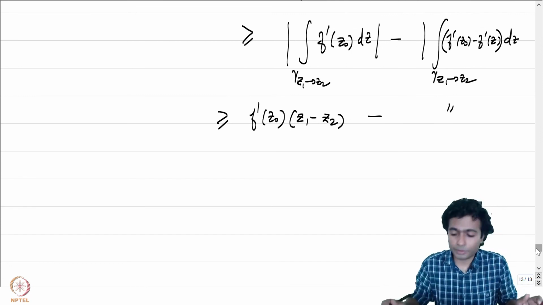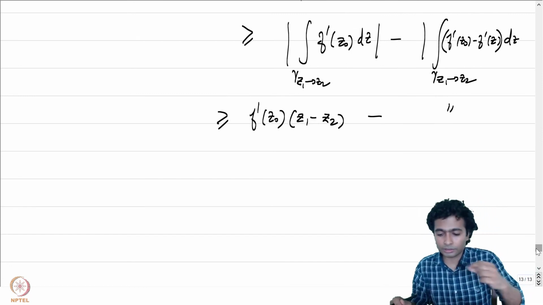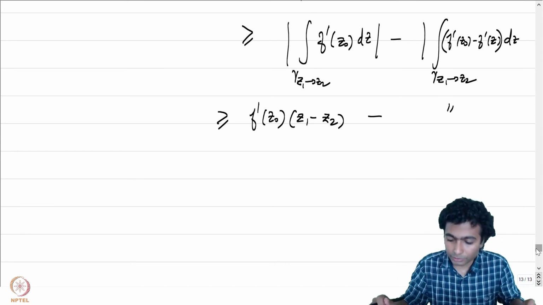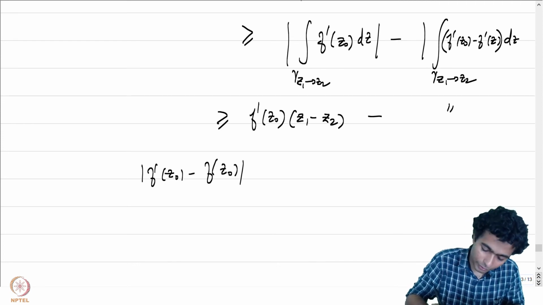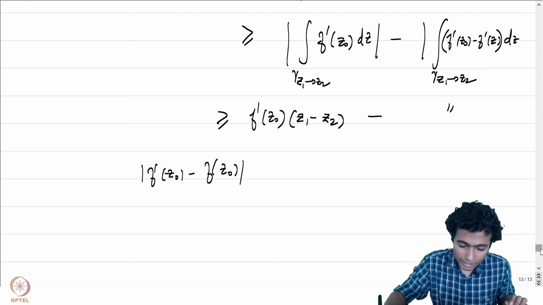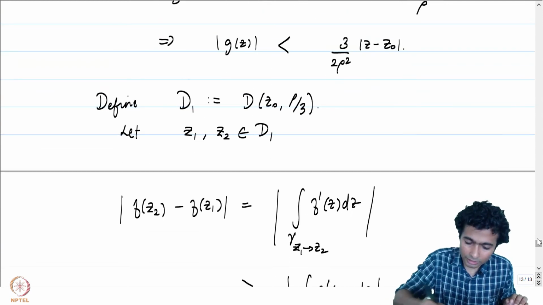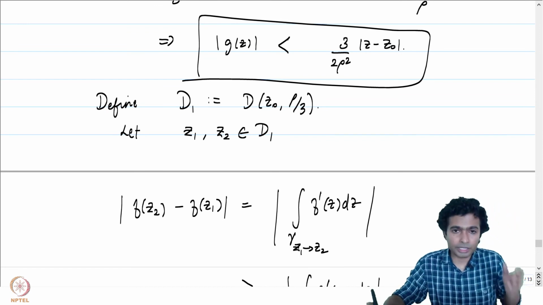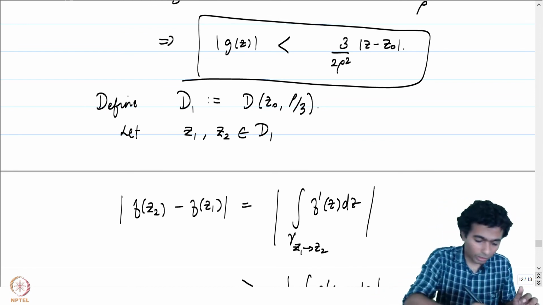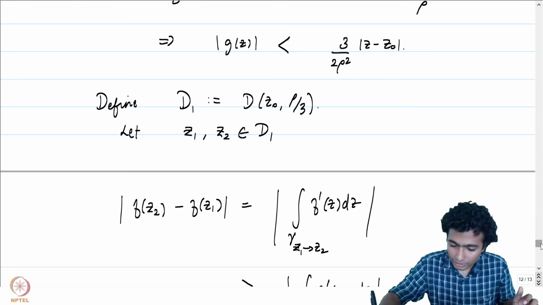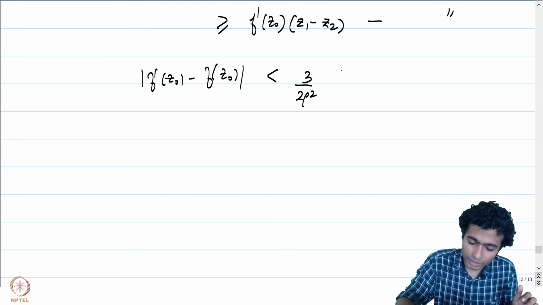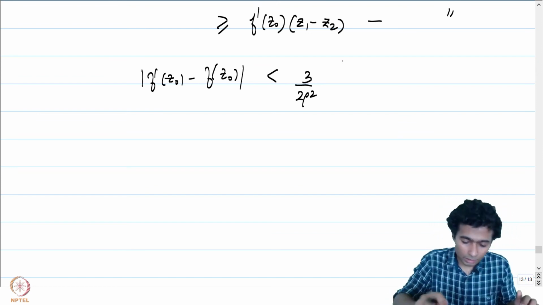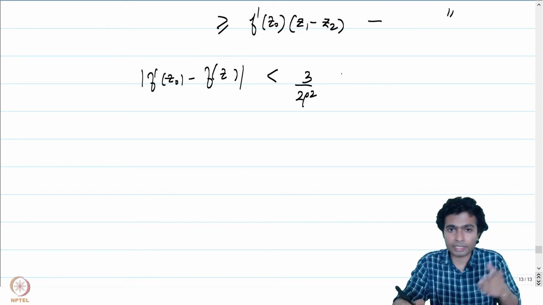Since z1 and z2 are in D1, the line segment joining z1 to z2 is also in D1, and therefore if you look at f prime of z0 minus f prime of z, by Schwarz's lemma we just notice that g of z is basically f prime of z minus f prime of z naught, and that is strictly less than 3 by 2 rho square times the absolute value of z naught minus z, and that is less than rho by 3.